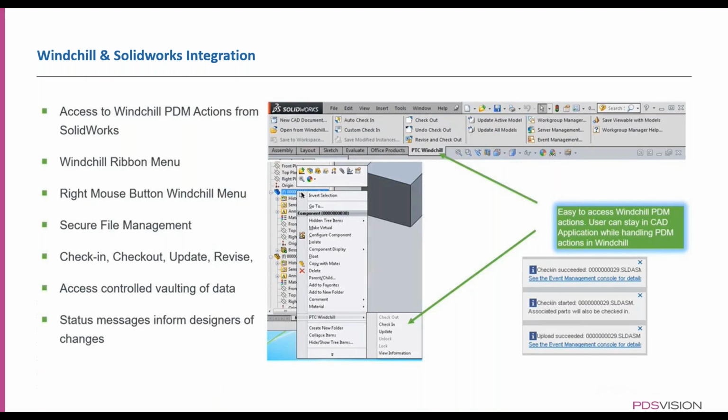It has a new ribbon called PDC Windchill at the very top with the functions that you can perform in Windchill. Not only that, if you're looking at the model of your components or your assembly, you can right click on it and there is also a PDC Windchill menu available, just the right click menu for Windchill.